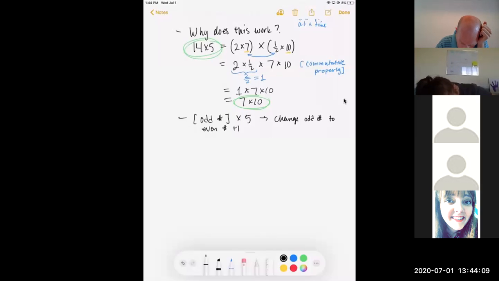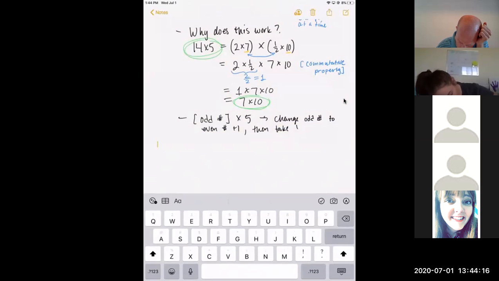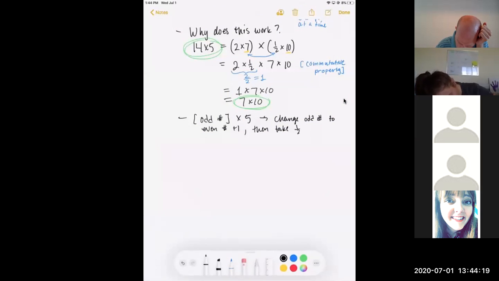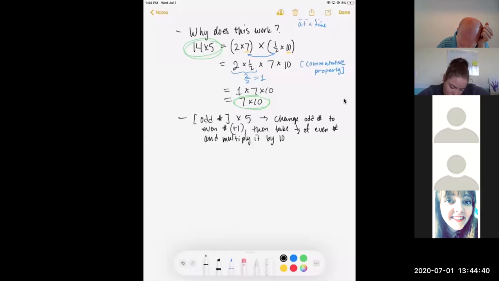Then we can take half of the even number, and multiply by 10, and add 5.